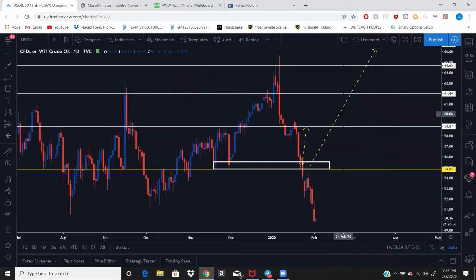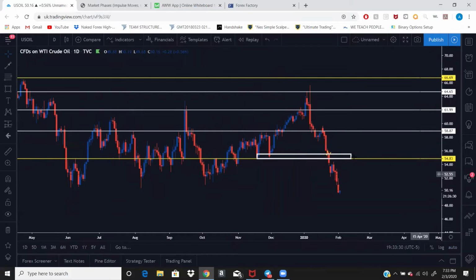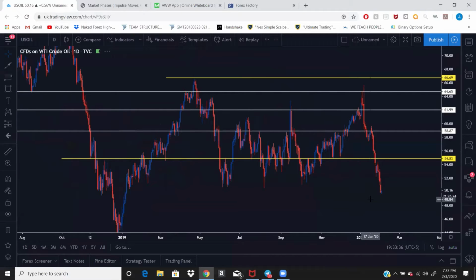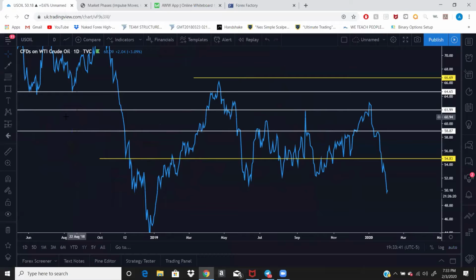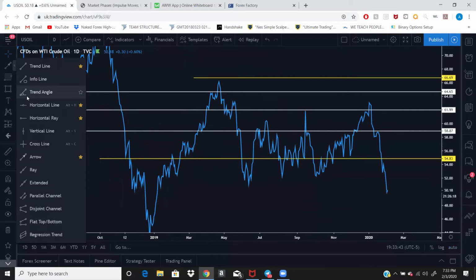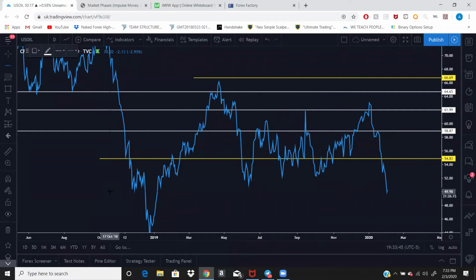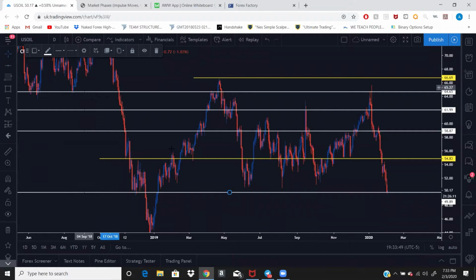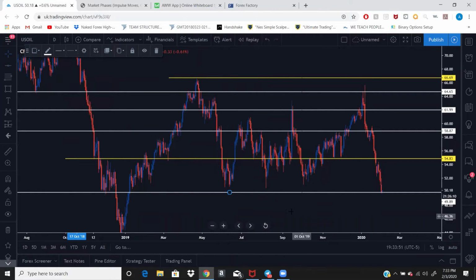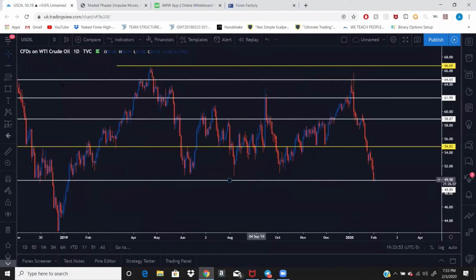US oil. All right, so oil broke down because there's a large supply, and therefore the prices went down. But look at this beautiful demand zone.